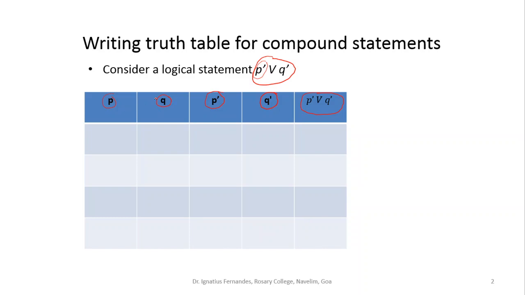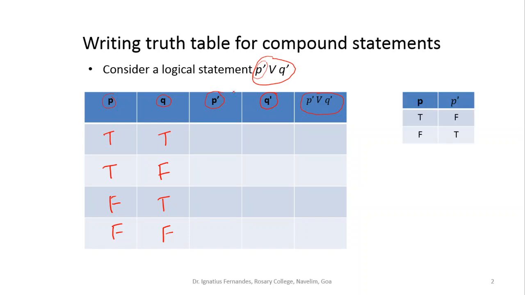Now P and Q are 2 statements. So as we know, they both can take values T and T, T and F, F and T, and F and F. Either both can be true or both can be false, or one of them is true and the other one is false. Now to write down the truth values, you have to make sure that you know the truth table of NOT, because we are using NOT here.